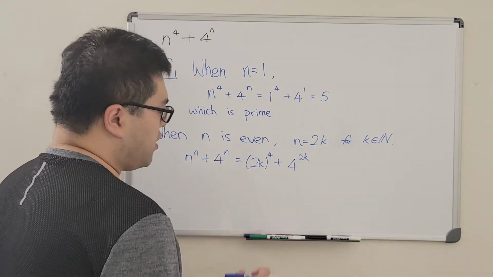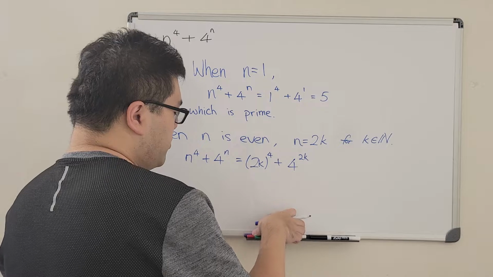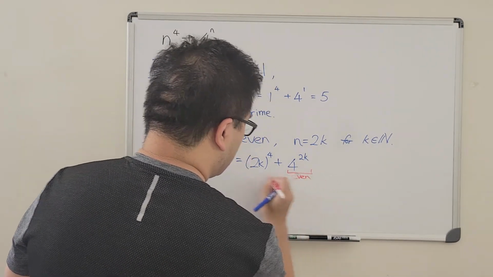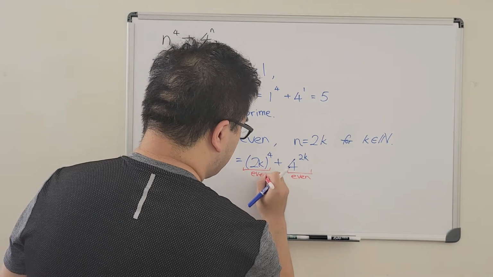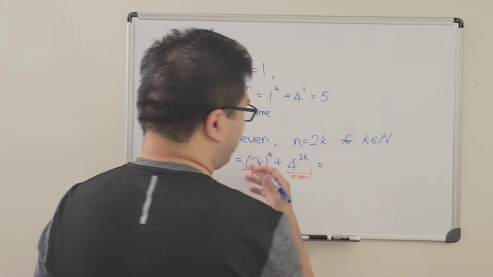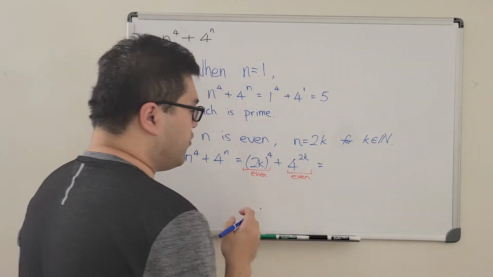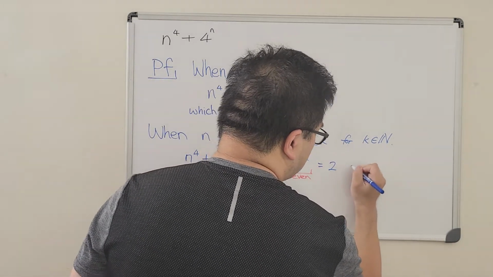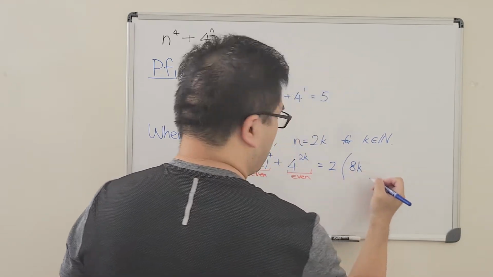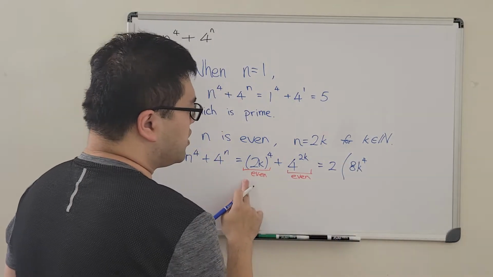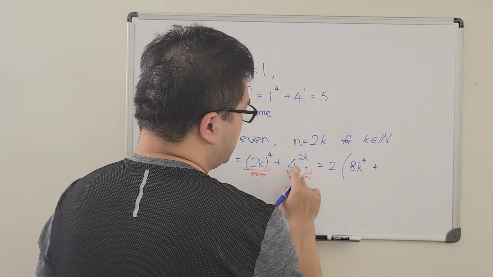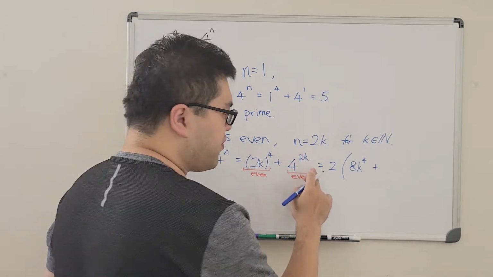So obviously, we can claim that this is even and this is also even. In fact, we can now factor out a 2 from both terms, giving us 2 times the quantity 8k to the 4th power plus the other term, which is the same as 2 to the 4kth power.